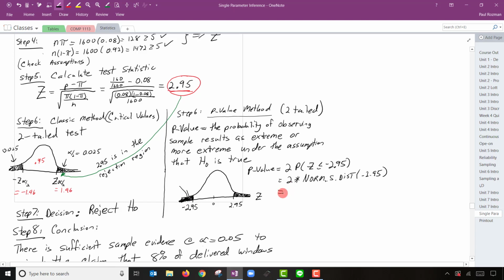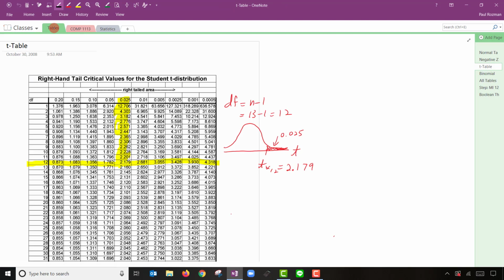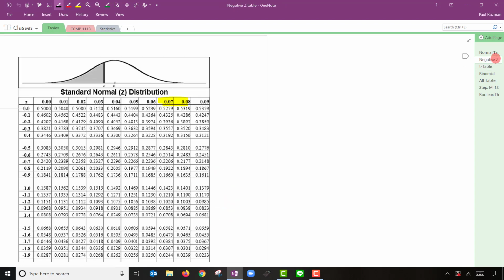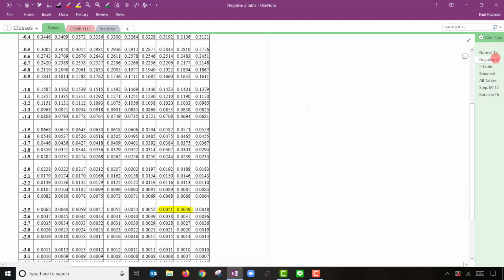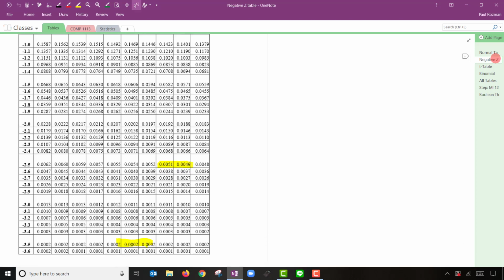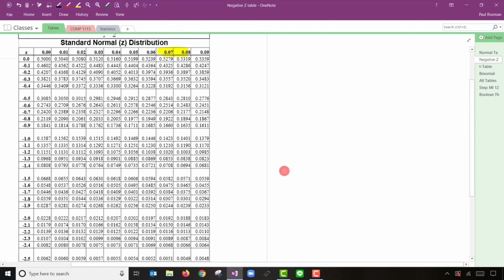From our z table, we can just jump to those. We have a negative z table. We're looking for negative 2.95. See, this table gets a workout. Let's erase this other stuff. 2.9. And what column are we in?